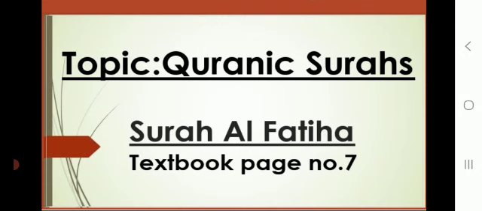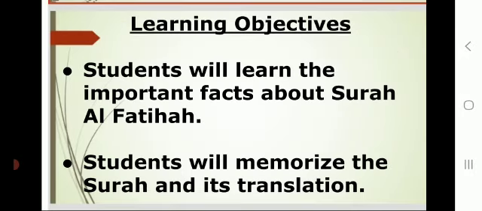But before starting the topic and the surah, we are going to see today's learning objectives. Today there are two learning objectives. Number one is students will learn the important facts about Surah Al-Fatiha. It means that you are going to learn what the important facts about Surah Al-Fatiha are.